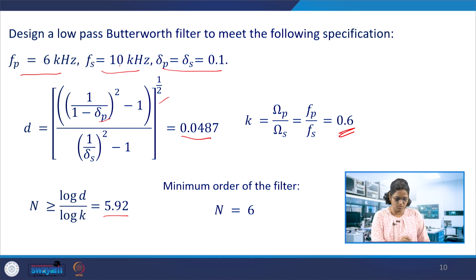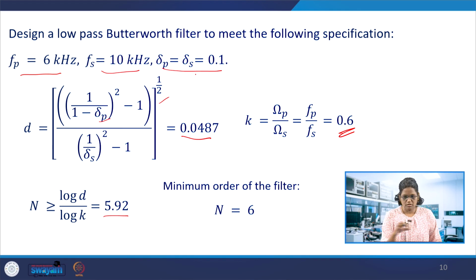So to meet the particular specification for the given 6 and 10 kilohertz, n equals 6. It will be a maximally flat response. To achieve that through the design, the allowed ripple is given as 0.1, so the oscillation in the magnitude response in the pass band and stop band should be minimal.